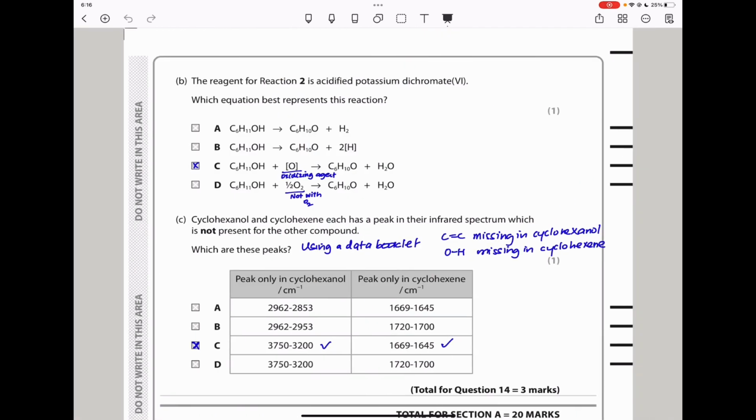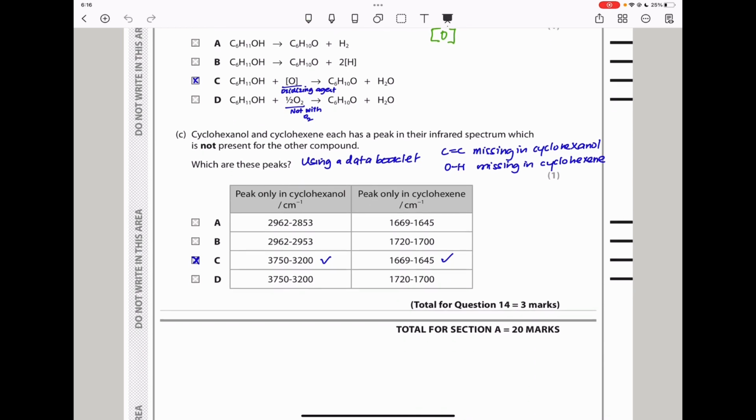The perfect equation is this one here. That is wrong because you're producing hydrogen, and there should be an oxidizing agent on this side. So that and that are wrong. This one here is wrong because they're using oxygen, not the oxidizing agent. In chemistry, we can represent an oxidizing agent in those square brackets. So C is the only correct answer.